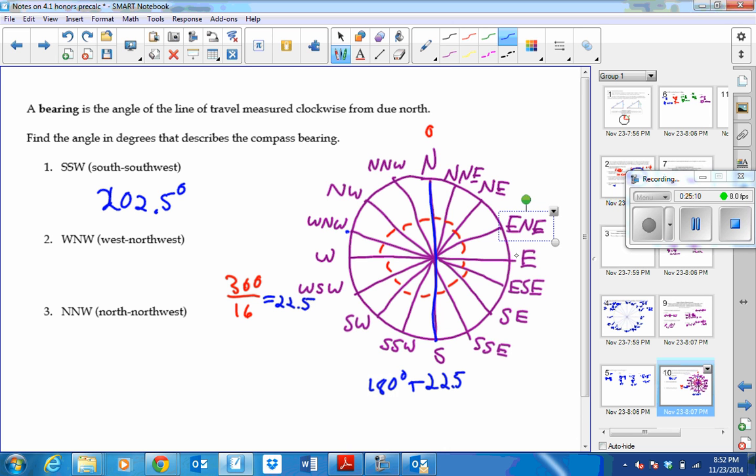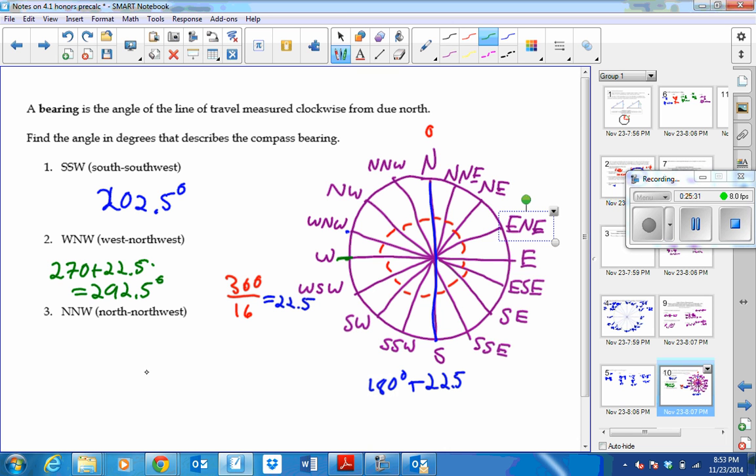Now west-northwest is just right over here. For west-northwest, I'm going to go all the way around to here because I know that that's 270 degrees where the green is. And then I know that it's another 22.5 degrees, and so that's going to be 292.5 degrees.